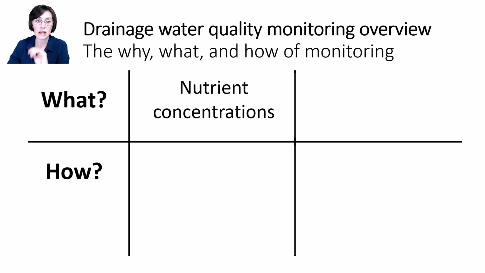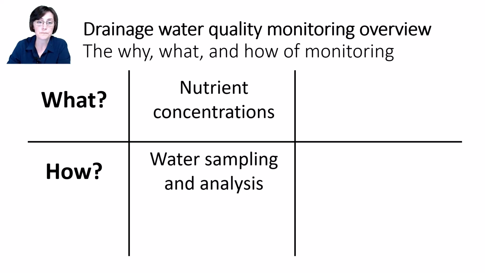Let's talk a little more specifically about what we are actually looking for in this type of drainage monitoring. Starting in the upper left corner, we need to know, or to monitor, the concentration of the pollutant of interest in the water. In tile drainage monitoring, these pollutants are often nutrients like nitrate, nitrogen, or phosphorus. We monitor nutrient concentrations most generally by collecting a sample of the water and analyzing that water sample for nutrients in a lab.